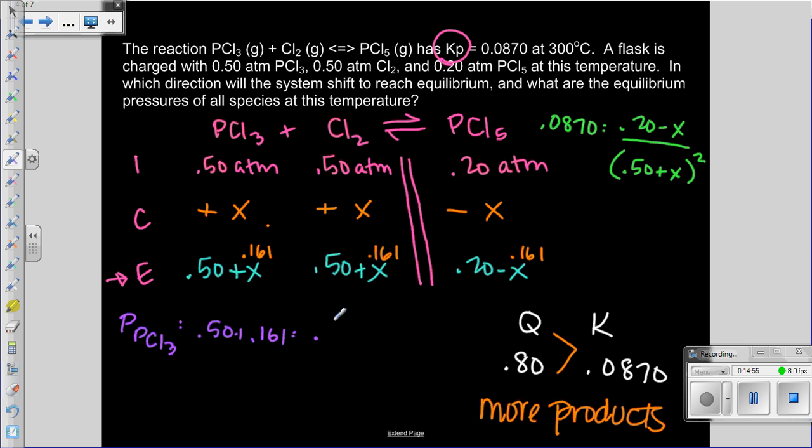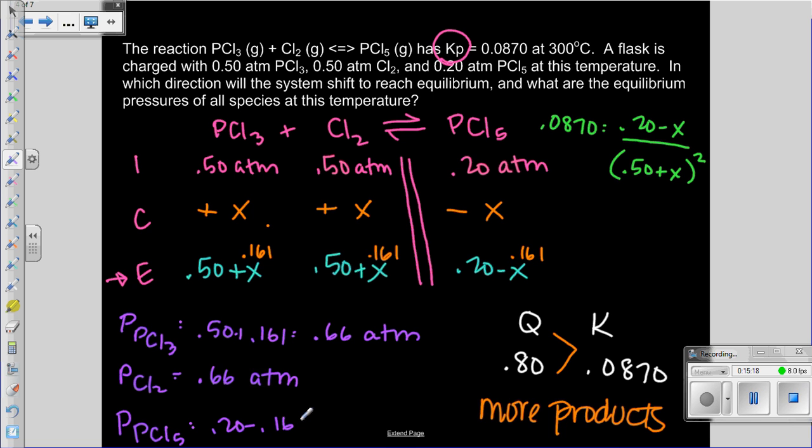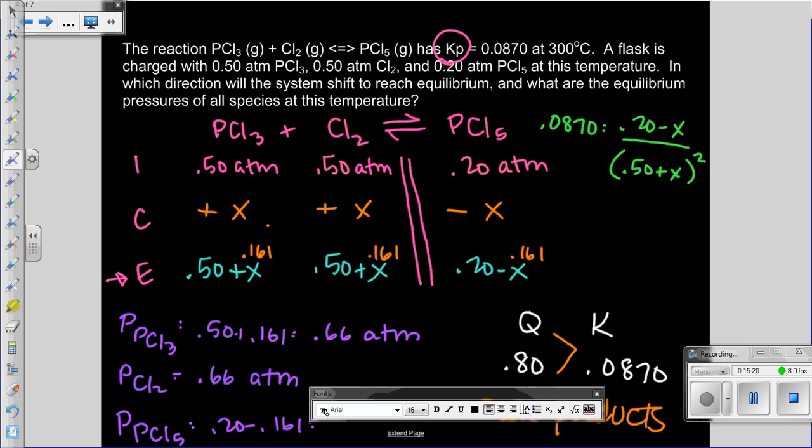We can have 2 sig figs, so let's do 0.66 atmospheres. The pressure of chlorine will be the same thing. I could have done that on the same line, but I missed that. The pressure of PCl5 is going to be 0.20 minus 0.161.